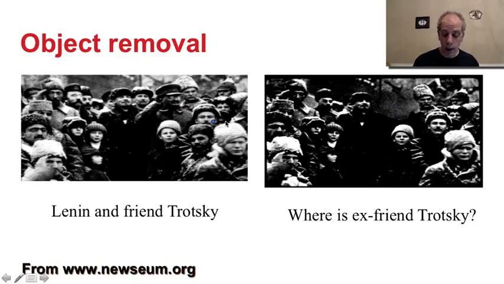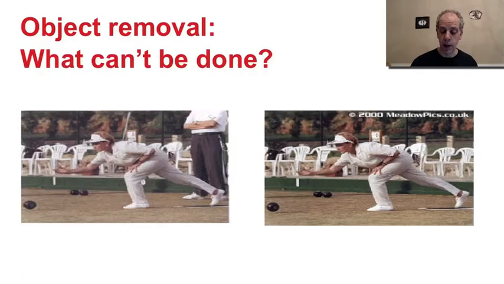So once again, an object has been removed from the picture. And you can have multiple examples of this, for example, in this website or in the website that was linked in the previous slide. So again, inpainting is used to remove objects from the image or from the video.